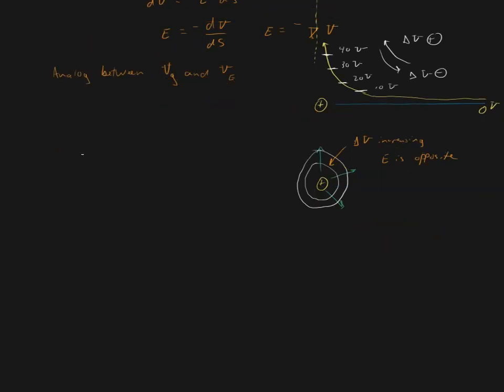Okay, so let's look at one more thing. It should be review of last year, but let's take a look at the case where we have two parallel plates, once again, positive plate over here, negative plate over here, and the electric field points from left to right.